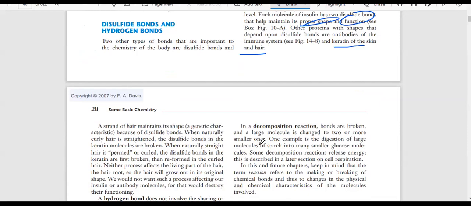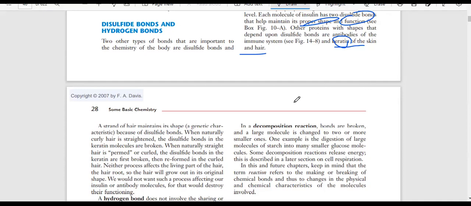Our skin is like this: if you pour water, it will not enter into your body, it will flush out from the outside only. This is because of the keratin protein. We will study this in the skin or integumentary system.